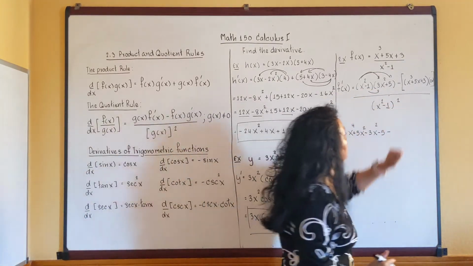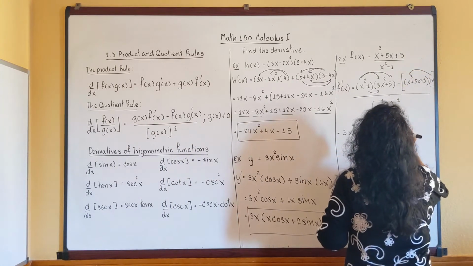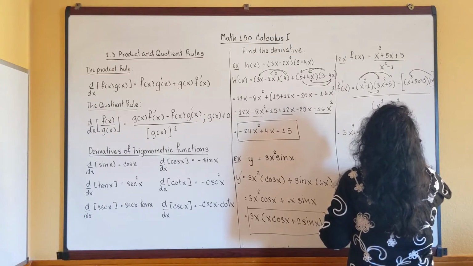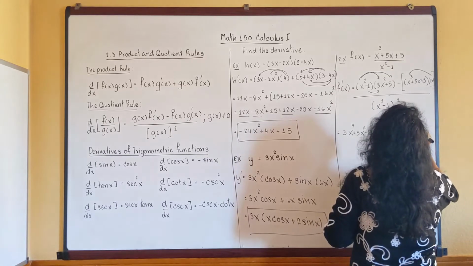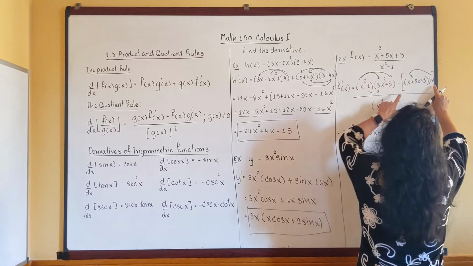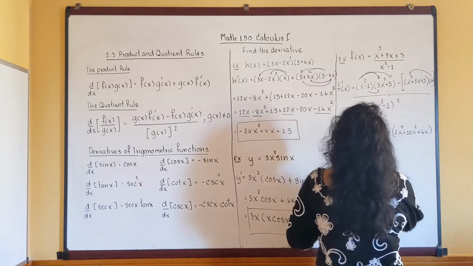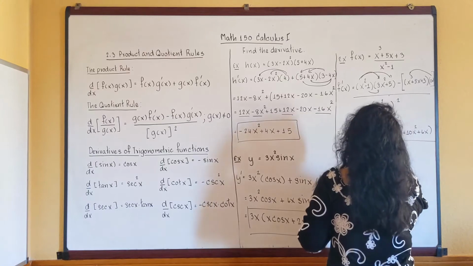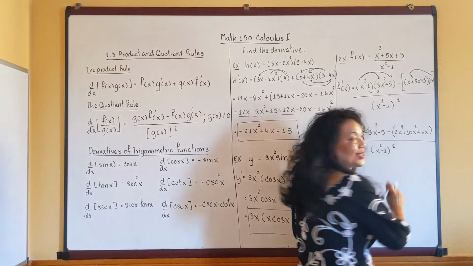Minus, I'm going to do this one. 2x times this, I'm going to have 2x to the 4th plus 10x squared plus 6x. On the denominator is x squared minus 1, quantity squared.